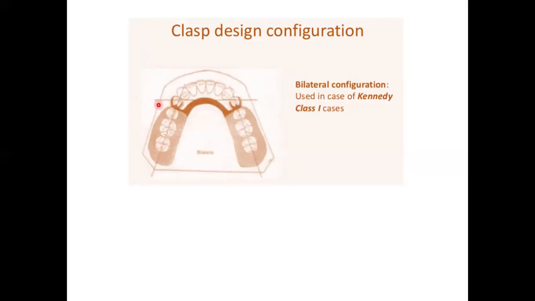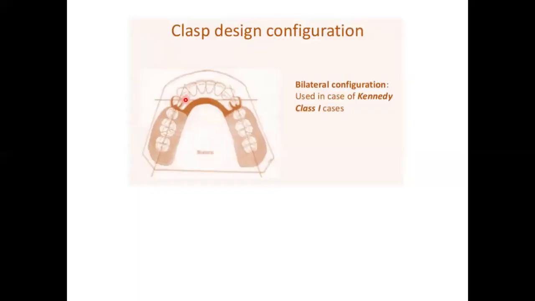Since it has one main fulcrum line running in the posterior teeth, the clasp configuration for Kennedy's Class 1 will be of a bilateral kind, which will be an RPI system, that is mesio-occlusal rest, proximal plate, and I bar. This is your RPI given by Kratochvil.